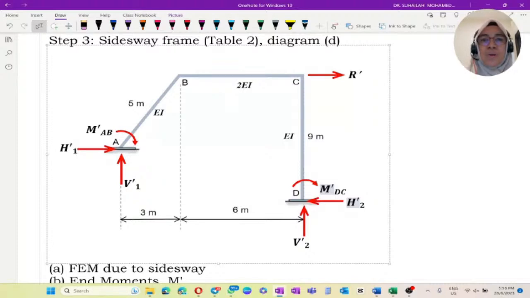So we focus on all the horizontal forces inside the diagram, which are R prime, H1 prime, as well as H2 prime. So we will relate all this under the shear equation. Okay, so we have to write the shear equation.